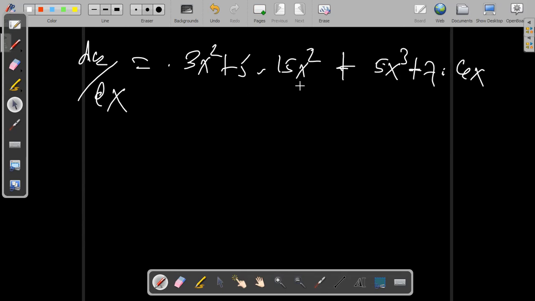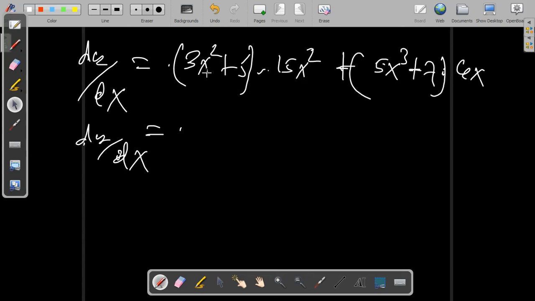Now let's plug in our values. So after plugging these values in, we multiply inside the brackets.